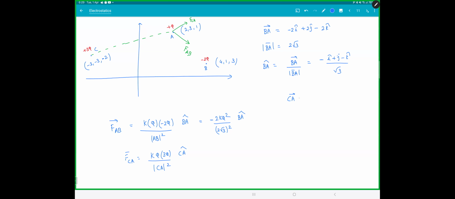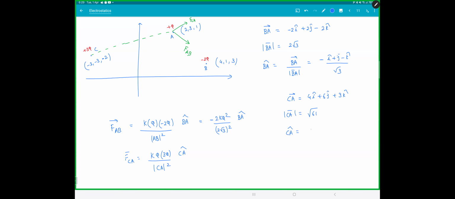So CA bar will be how much? You're going from C to A, so A is final. So 2 minus 2 is 4 I cap, 3 minus, that is 6 J cap, 1 minus 2 is plus 3 K cap. So the magnitude of CA bar will be root over, how much is that? 36, 9, 45, 16, 45, 16, root 61. Numbers are bad.